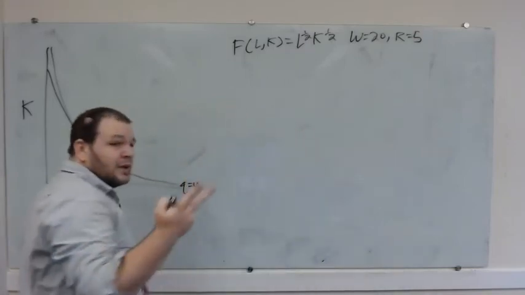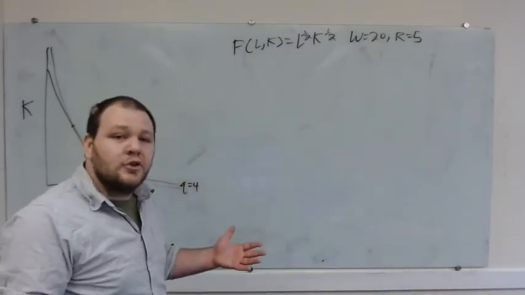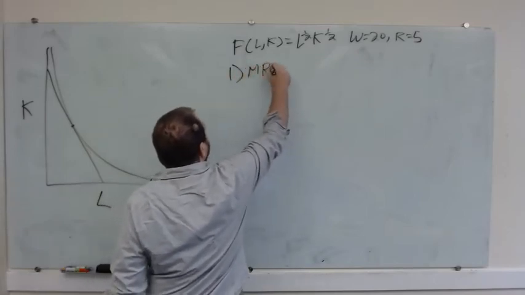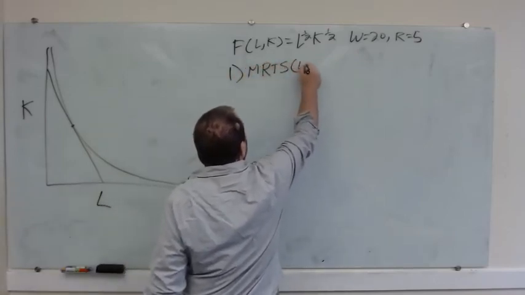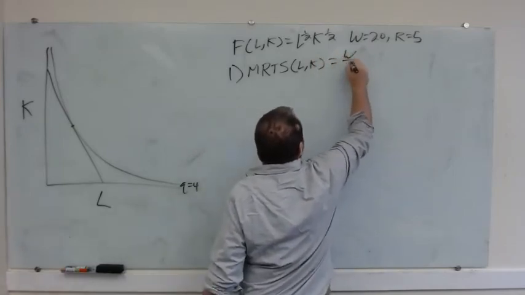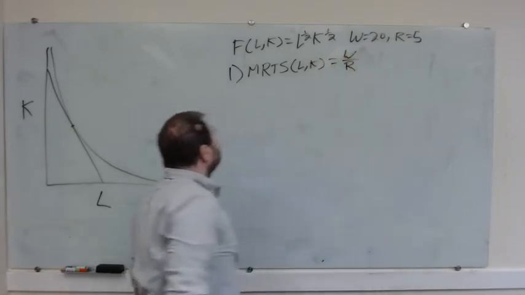So we're going to have 2 conditions, just like the 2 interior solution conditions we're used to. 1, the MRTS between L and K has to equal the cost ratio.